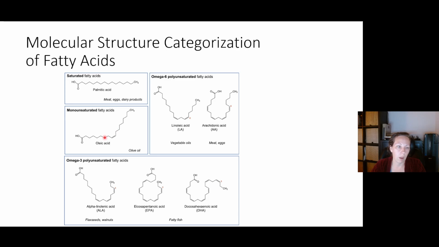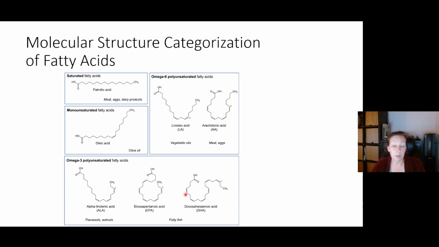So the double bond in these figures is represented by that little extra line that you see right here, here, here. So this one has 2 double bonds. Linoleic acid, arachidonic acid has 4 double bonds. Alpha linolenic has 3. Icosapentaenoic has 1, 2, 3, 4, 5. And docosahexaenoic has 6. So all of these would be polyunsaturated fatty acids here.